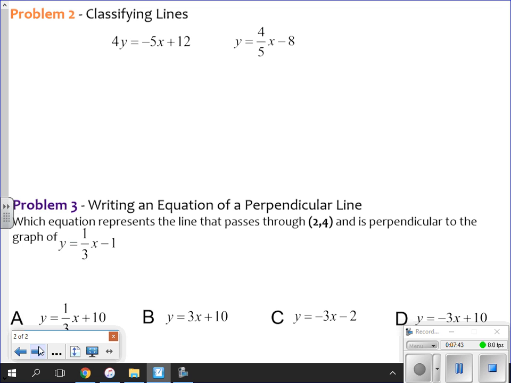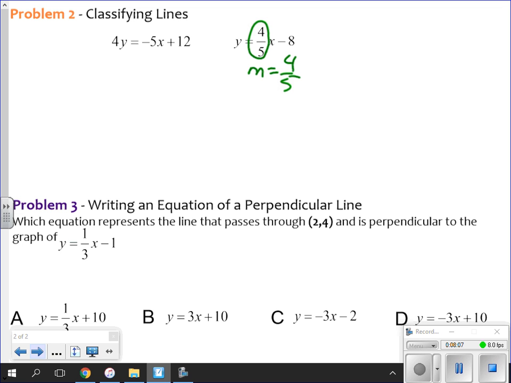What you have to do is find the slope of each line and then compare them. So the second line here, I have my slope. Because it's in mx plus b form, my slope is 4/5 on this one. First one, though, I need to rearrange it.